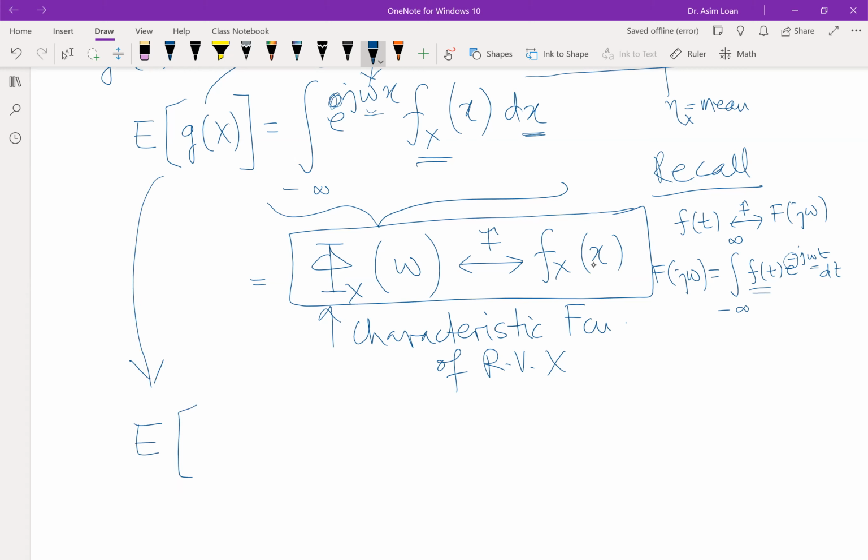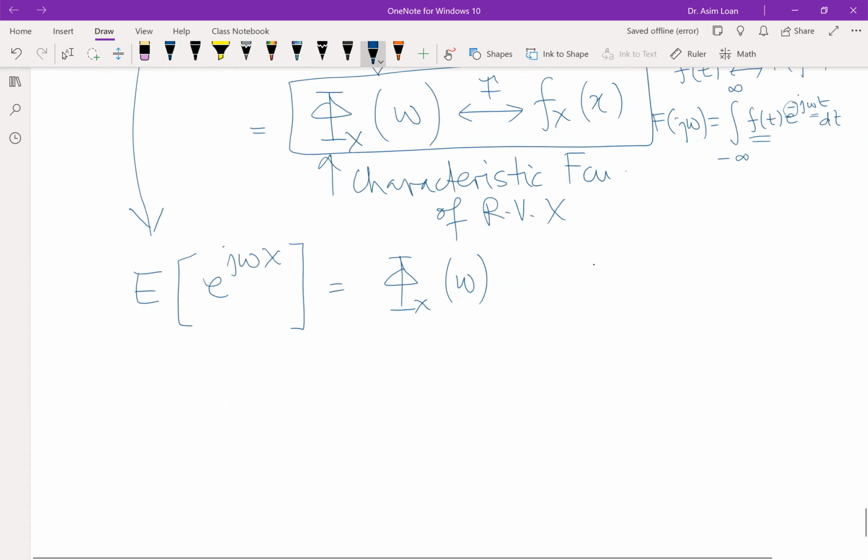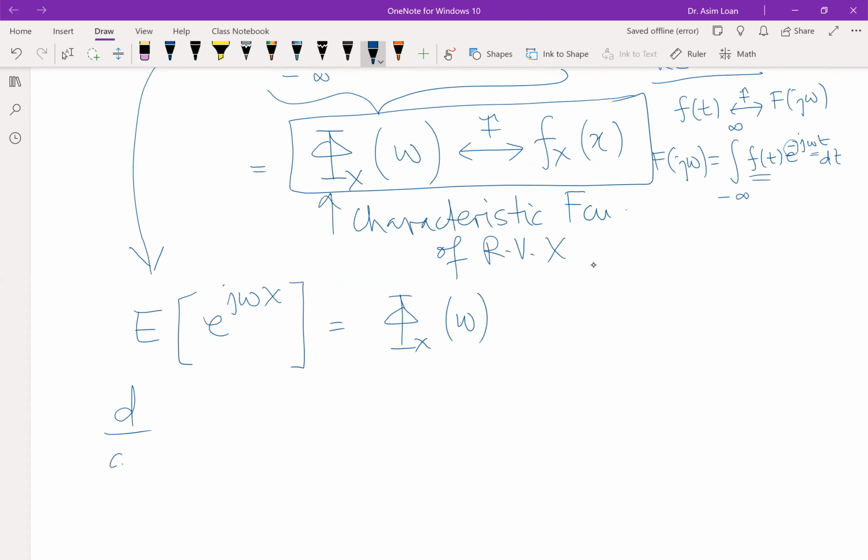So if this is e j omega x, this is phi x of omega. If I take the derivative of both sides with respect to omega, what do I have?